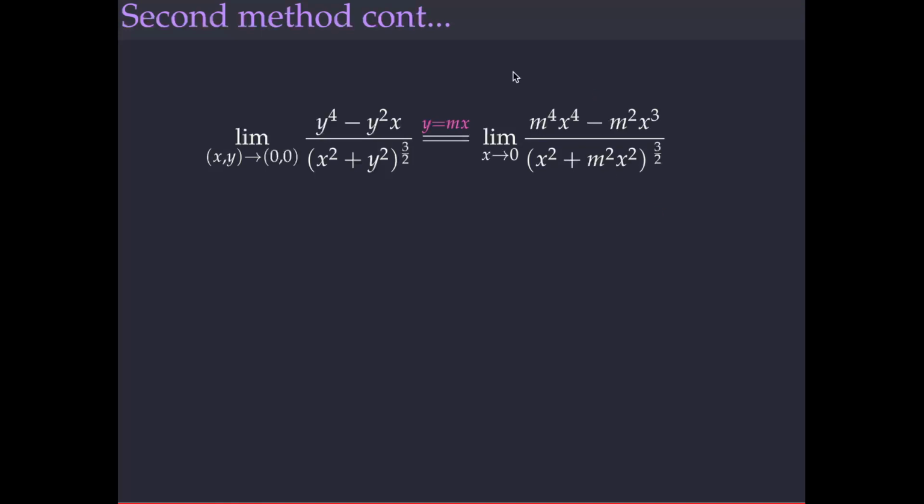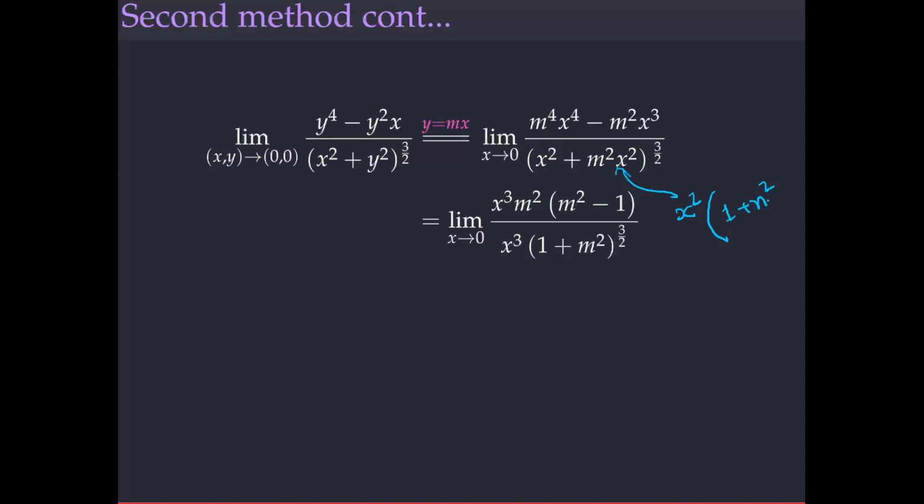After simplifying, I can take x cube m square common out, and m square minus 1 will be left, and in the denominator I can take out x square, so x square times (1 plus m square) the whole to the power 3 by 2. If I open this, I'll get x cube times (1 plus m square) to the power 3 by 2. Now x cube will be cancelled out, and I'm getting m square times (m square minus 1) by (m square plus 1) to the power 3 by 2.